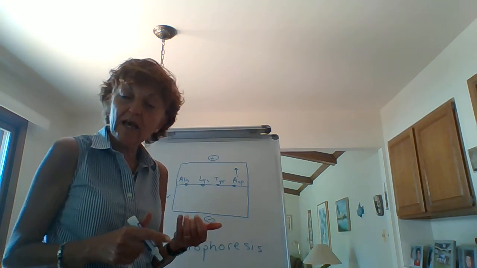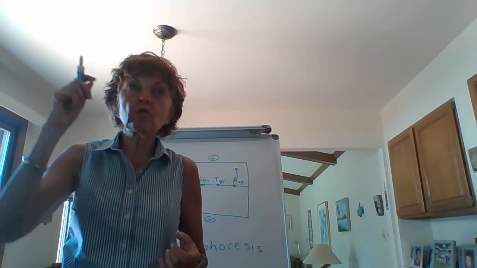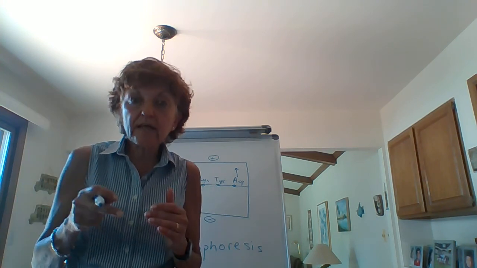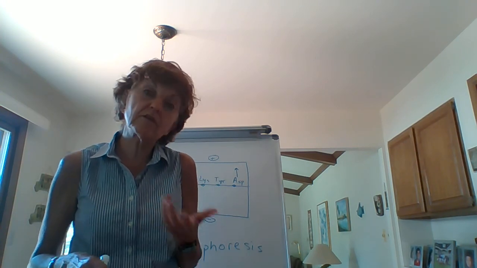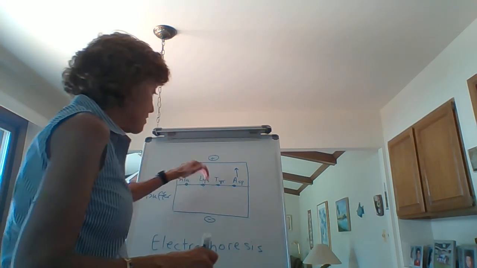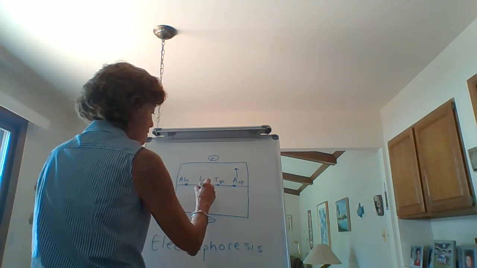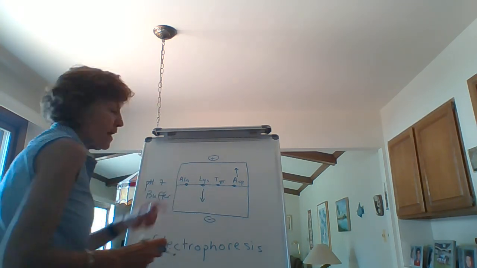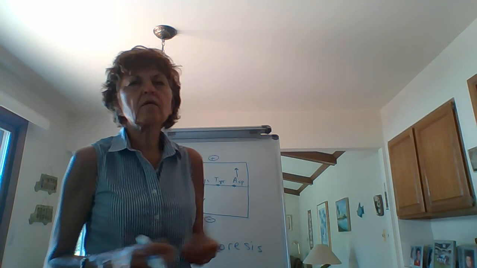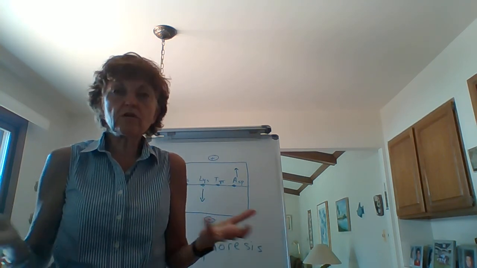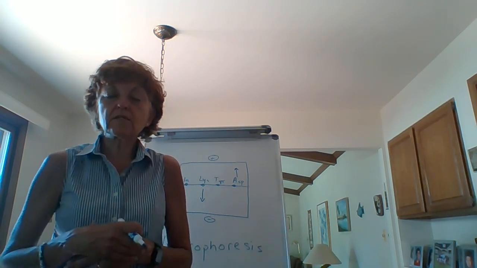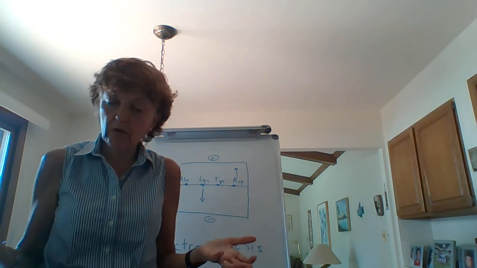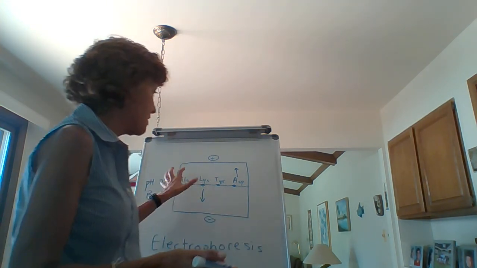Its side chain has a positive charge, and so it's got a total net lysine at a pH of 7 of +1. So it's going to be attracted to the negative electrode, so it goes over here. And alanine is nonpolar. It has a net charge of 0 at pH of 7, so it's going to stay put.